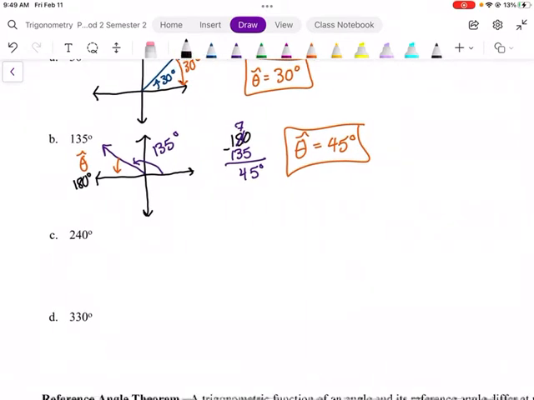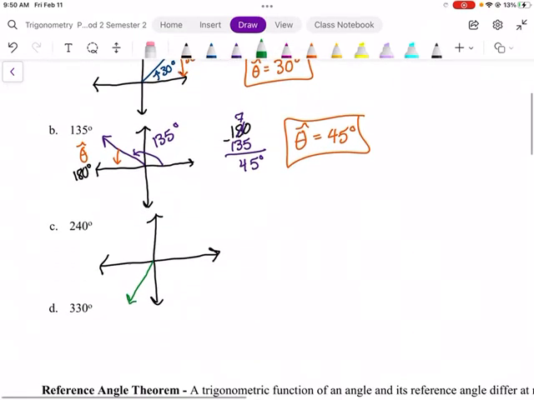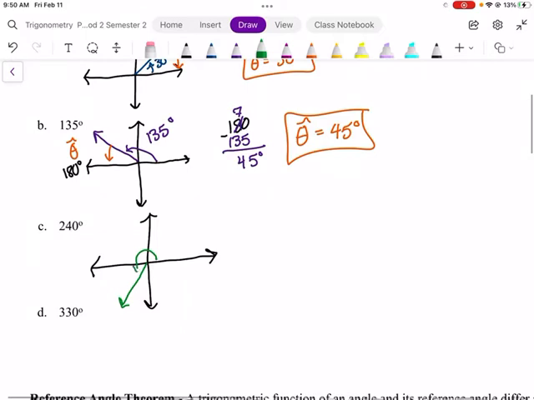Our next one, we have the angle of 240. So 240 is going to end up being in our third quadrant. So all the way around for this one would be 240 degrees. And we need to figure out what just this angle is, theta, with our reference.